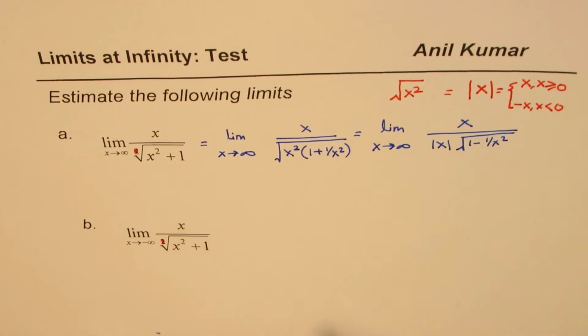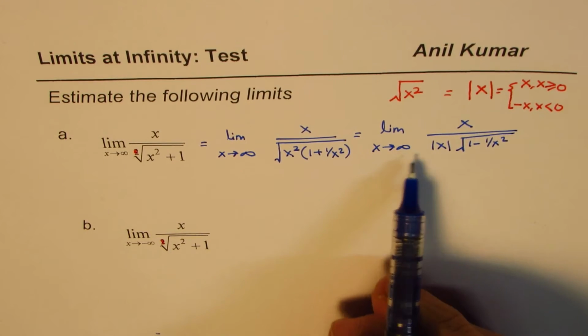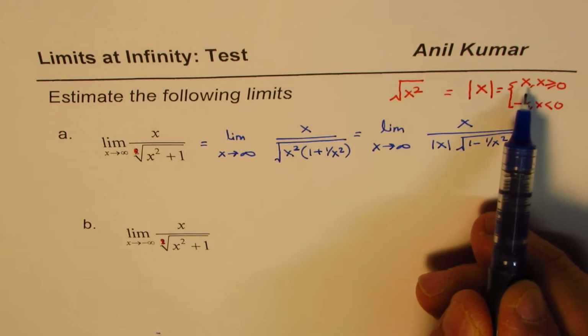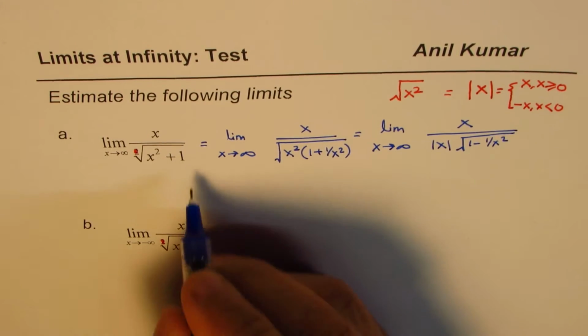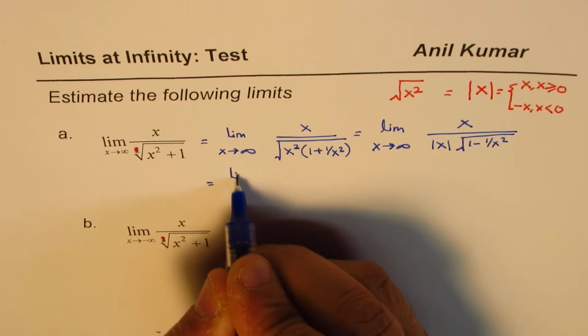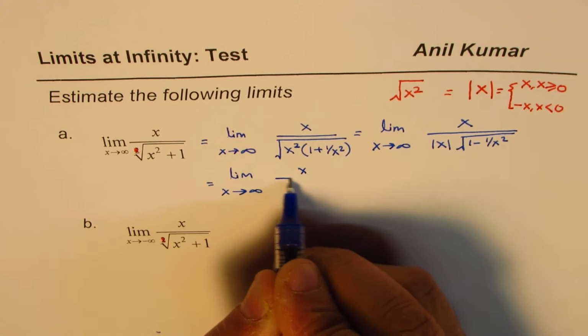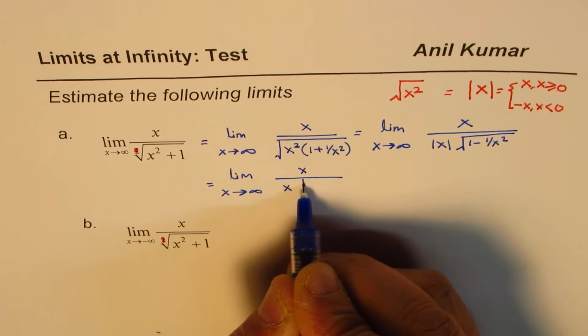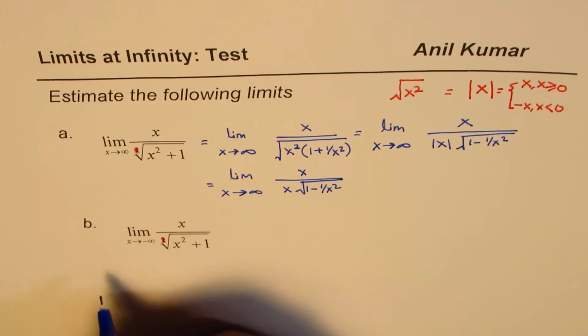So I hope this step is absolutely clear. Now we are approaching positive infinity, which is definitely greater than 0. So we'll replace absolute x with x, okay? So what we get here is limit x approaches infinity of x over x times square root of 1 plus 1 over x squared. Is that clear?